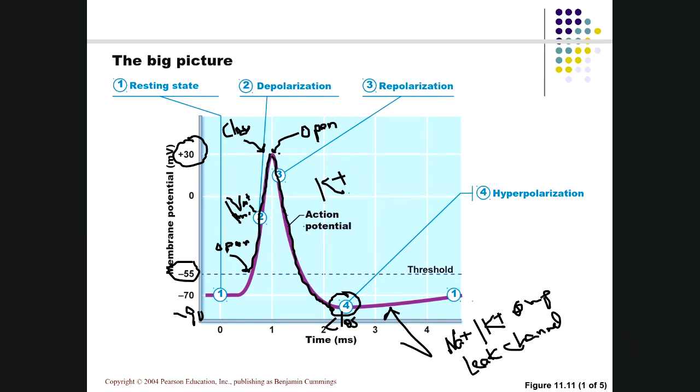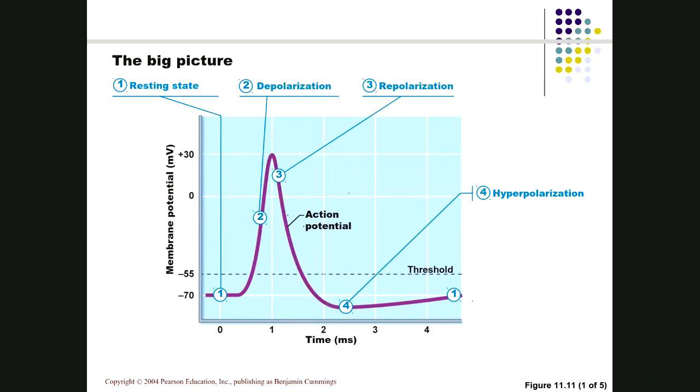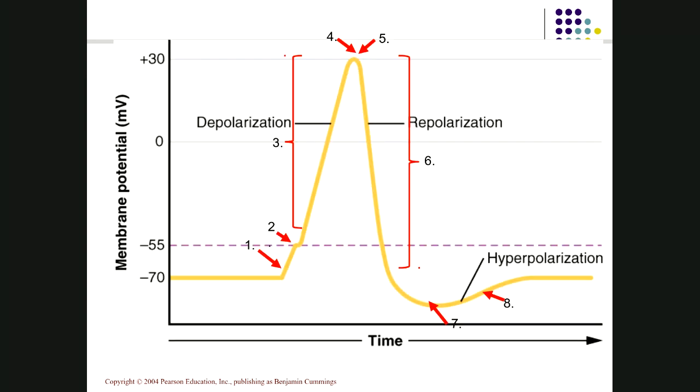Well, every single action potential looks just like this. They all do. Here's another picture. Looks just like this. And again, different things are happening at each one of these stages. So right here is where our excitatory stimulus is, and it's either going to open a mechanical gated or a chemical gated channel, and sodium's going to come in.